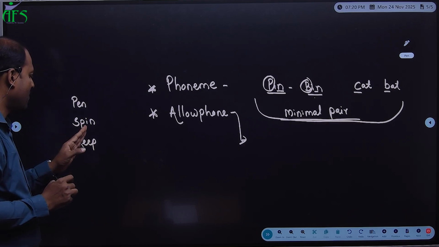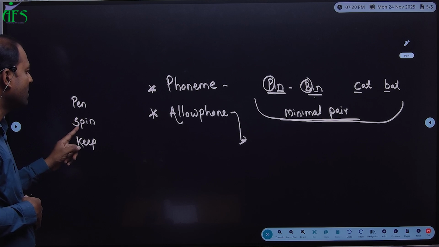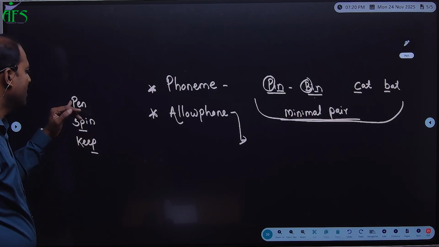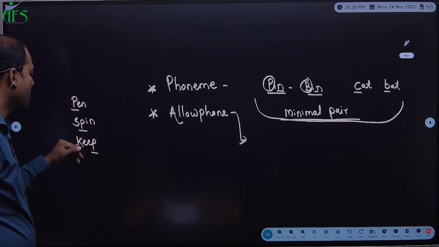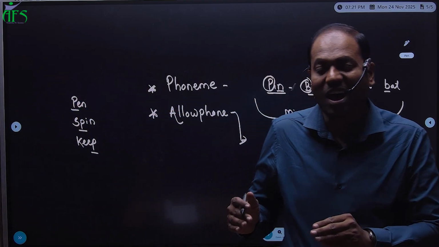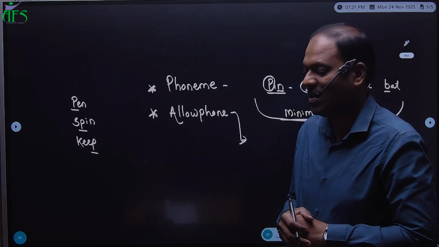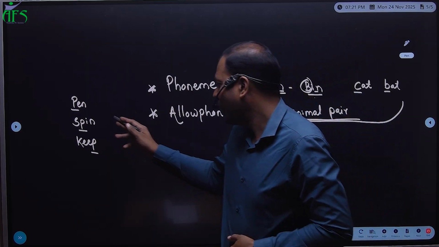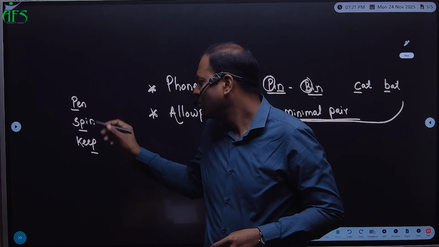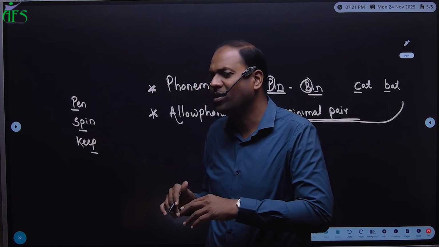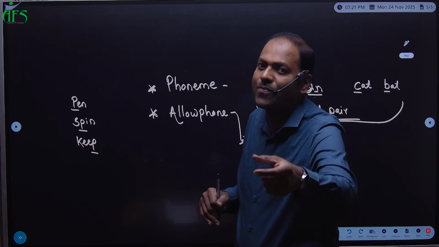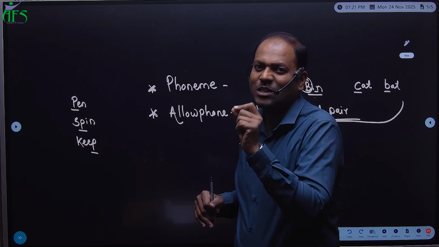Now, if you observe carefully, you will find one similar sound in all the words. That's P, right? P in pen, P in spin, P in skip. But all three sounds are uttered in a different way, right? How? You might have heard about the aspirated sound pattern. Whenever the sound P, T, K appears at the beginning of the word, it is an aspirated sound.